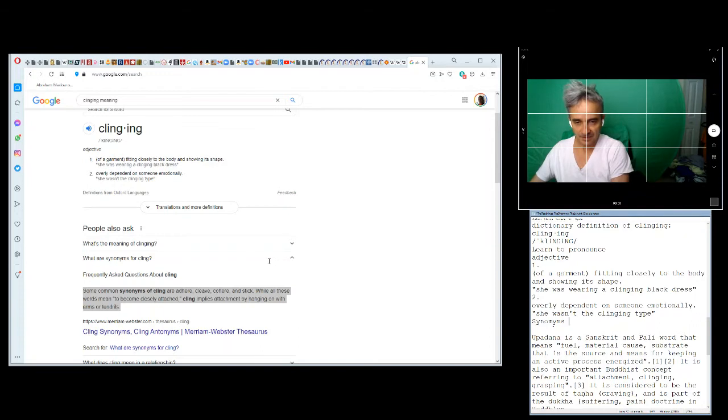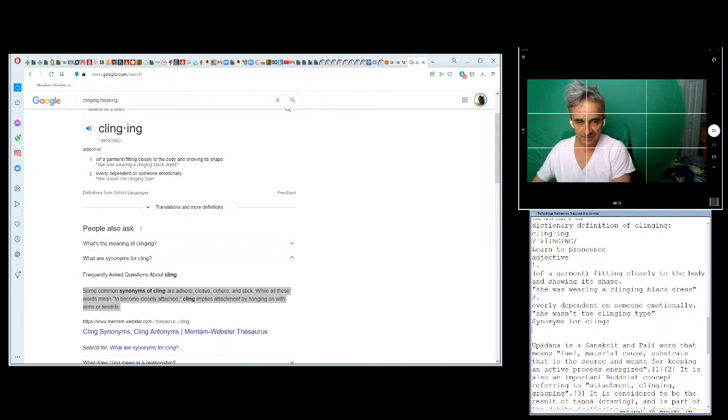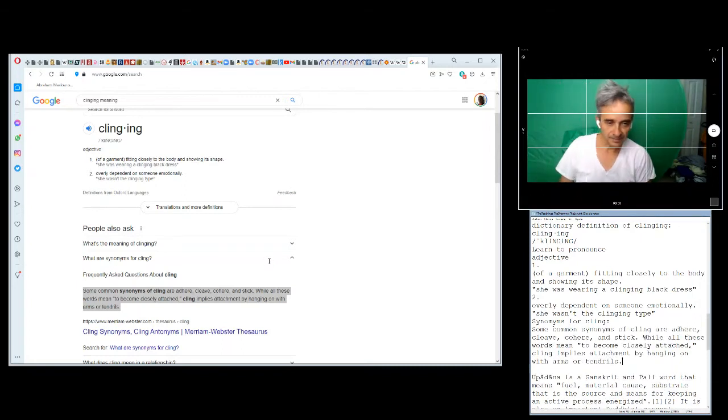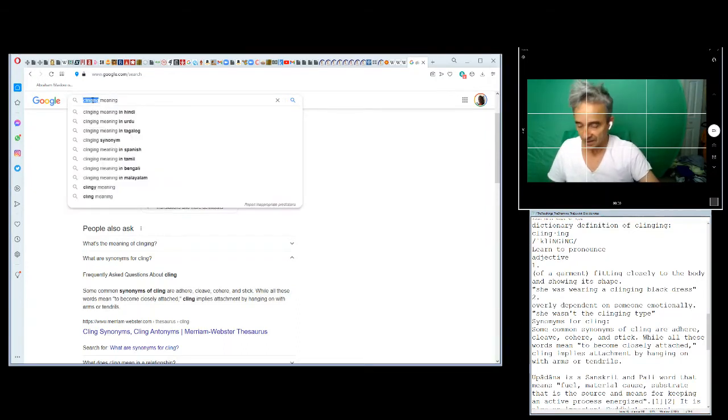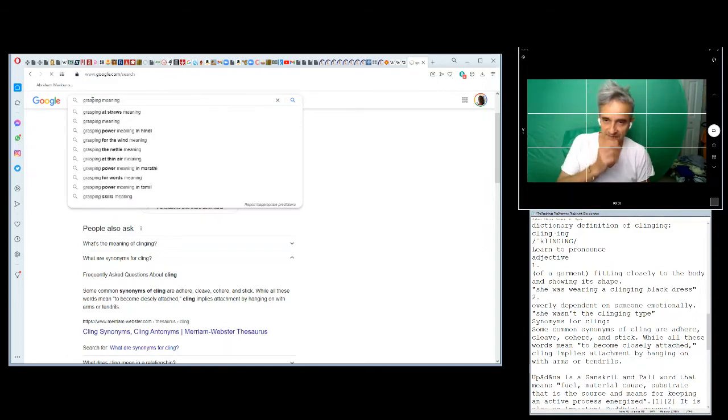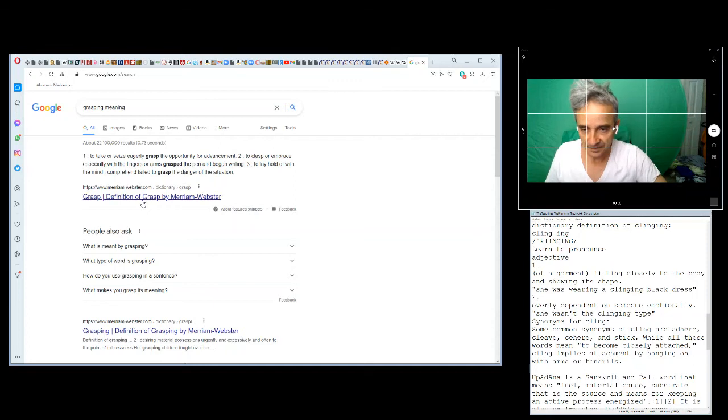Grasp straw, to reach. Grasp the nettle, to act boldly. Oh, that's the verb, now the noun. Hold, control, mental hold or comprehension. Broad, a remarkable grasp of the subject. Oh, okay.